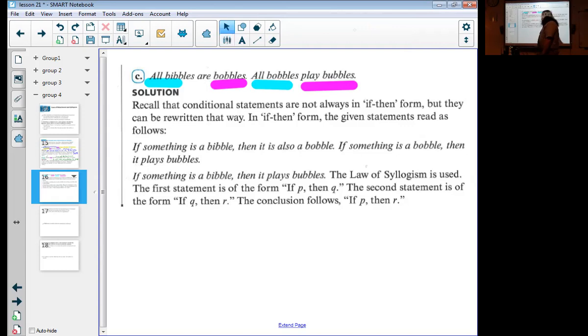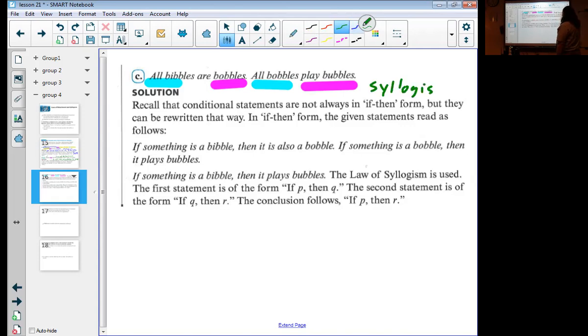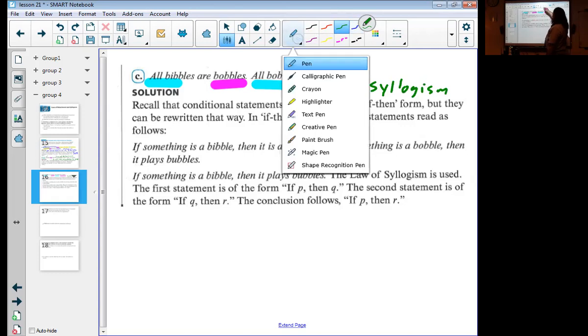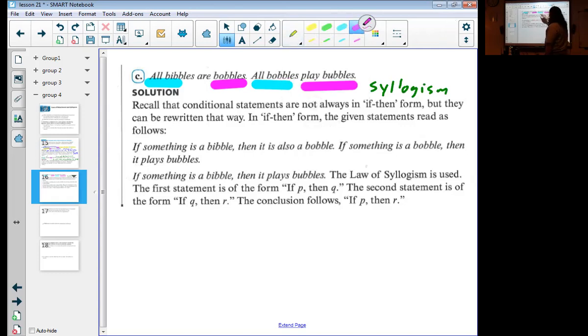So we are using the law of syllogism. Because we can get rid of the baubles. So by getting rid of that, our new statement says all bibbles play bubbles.